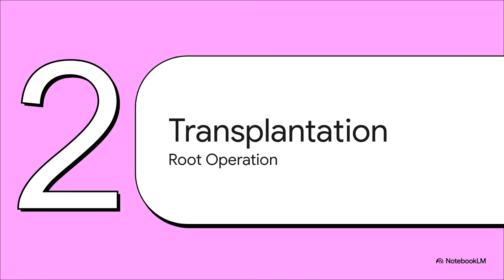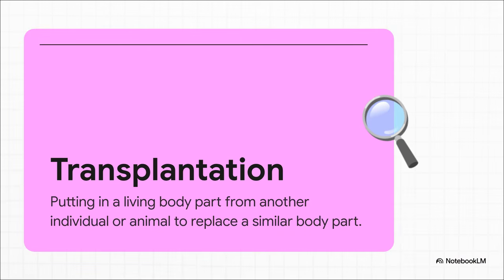Moving right along to Section 2, let's explore these high-volume DRG families and the root operation transplantation. Over in the ICD-10 PCS system, Medical and Surgical Section 0 uses the root operation transplantation, and that's represented by the character Y. The precise, by-the-book definition here is putting in or on all or a portion of a living body part taken from another individual or animal to physically take the place and physiological function of all or a portion of a similar body part.